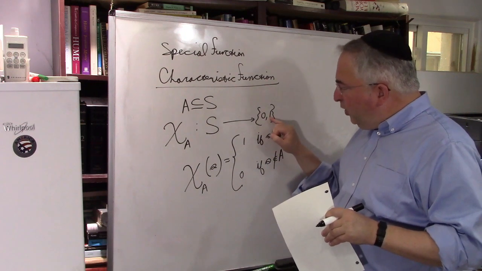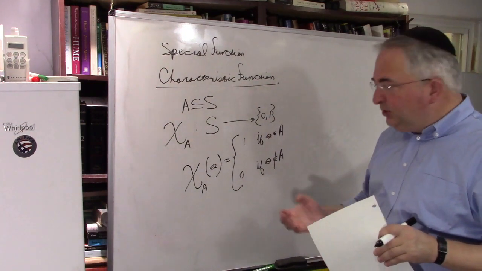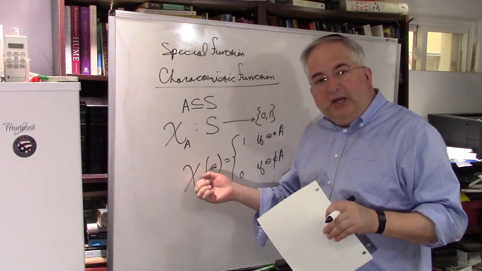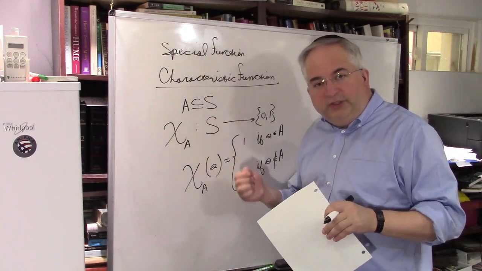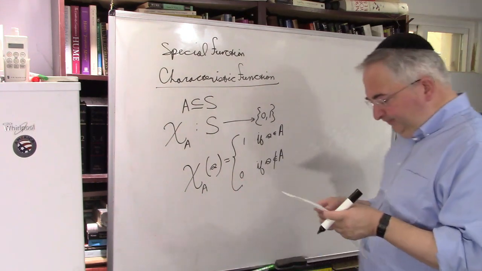If it outputs a 1, it's in A. If it outputs a 0, it's not in A. So this function tells you, bit on, bit off, 1 or 0, whether or not every element is in A.